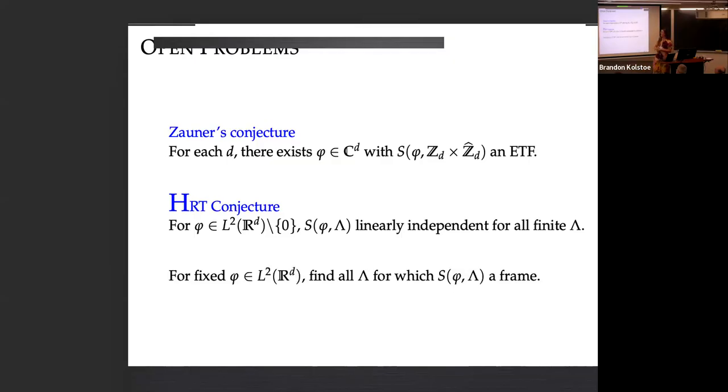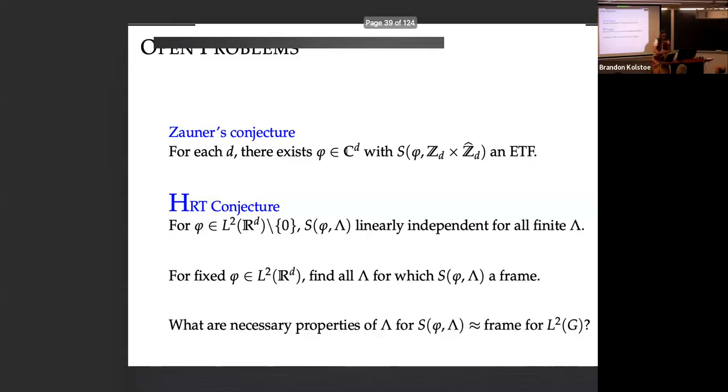Then we have, for fixed phi in L2 of R^d, find all lambda for which S of phi comma lambda is a frame. So I believe Ola's here somewhere. He had listed this as one of the 7, cross out, now 6 big problems in frame theory that are left. And then what I'm going to be talking about is now we're going to look at more general locally compact abelian groups.